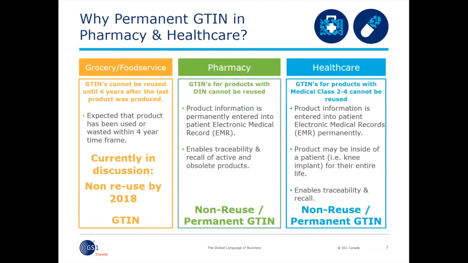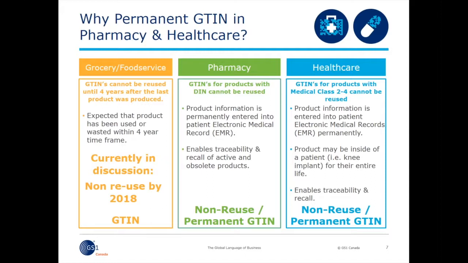So why are permanent or non-reuse GTINs so required? Well, as we stated before, regular retail items can have their GTINs reassigned after 4 years. But this is because the only real application of the GTIN in a retail environment is for the buying or selling of an item.